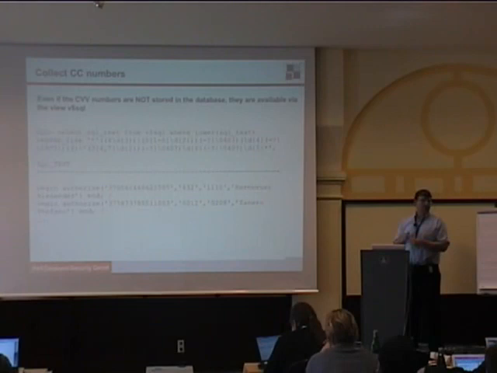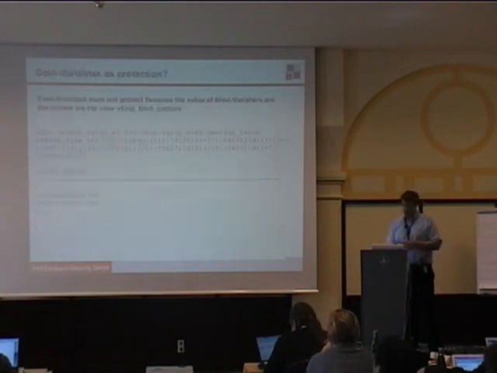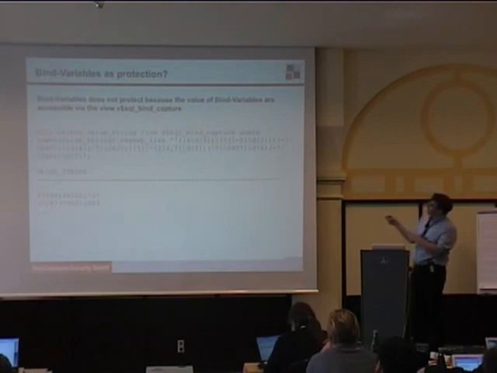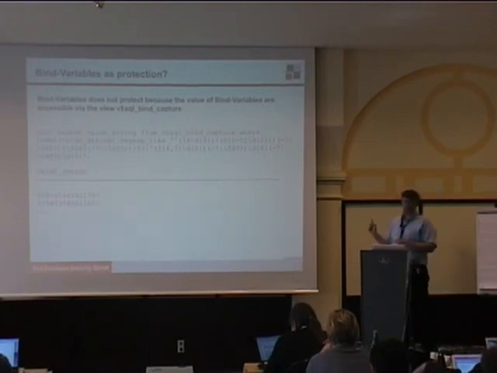So whenever a credit card pops up, we get this information. If someone is using bind variables, for this case, Oracle has a view called V$SQL_BIND_CAPTURE. And in this special view, you get all the values of the bind variables. So a small loop and you can collect everything.